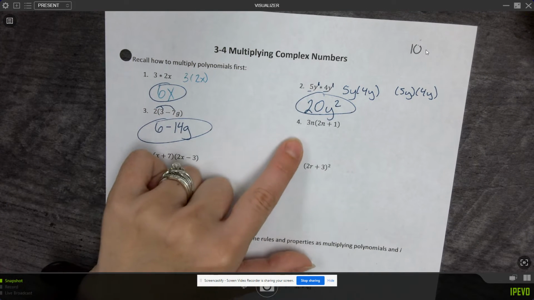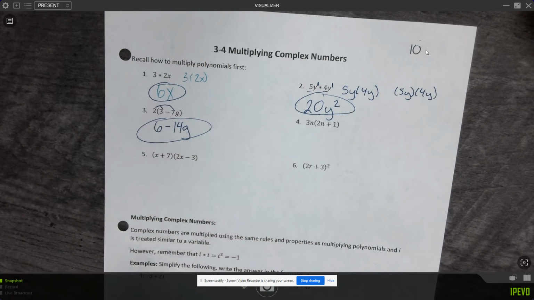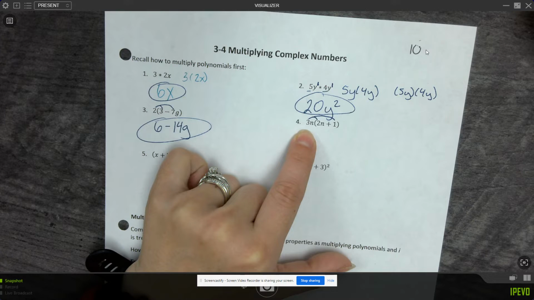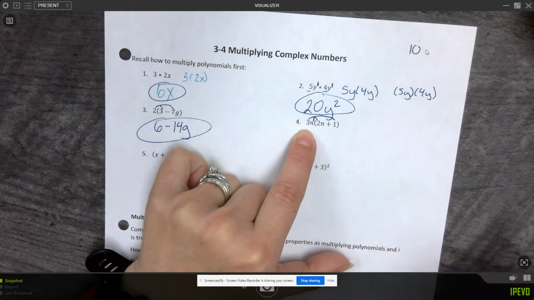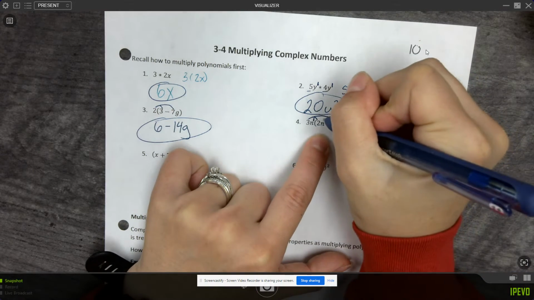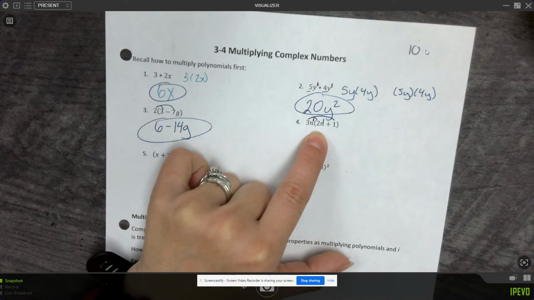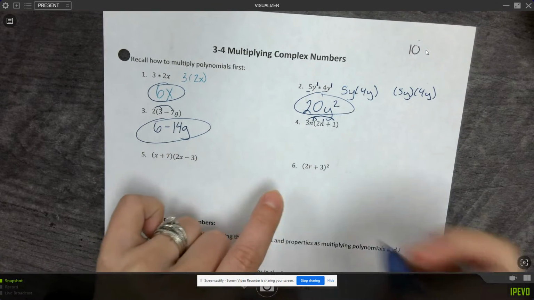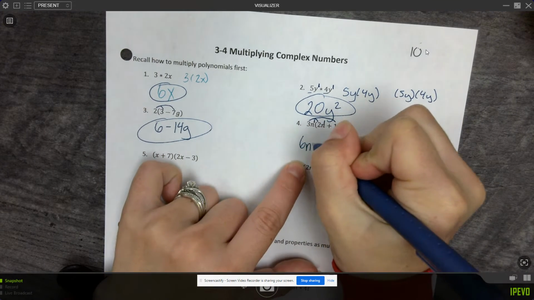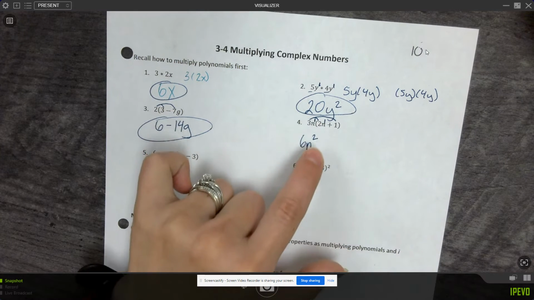In example number 4, similar to example number 3, you are going to distribute, but this time it's a 3n, so you're going to remember that there's a 1 for that exponent. So when you distribute it to the first term, which also has a 1 on that first one, 3 times 2 is 6, and n times n is n squared, because 1 and 1 makes 2.